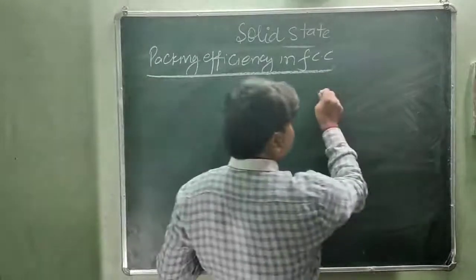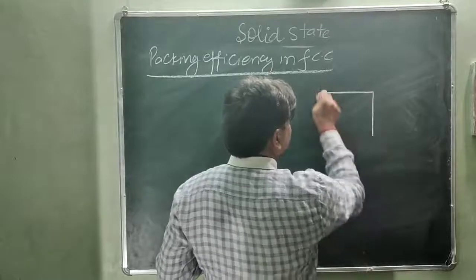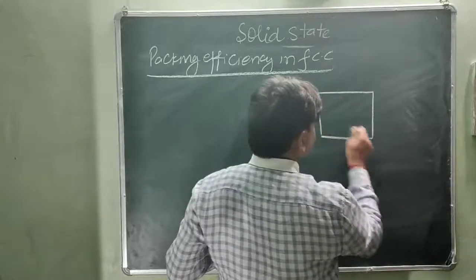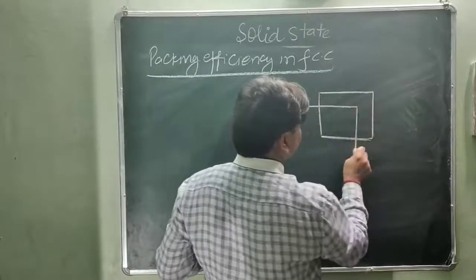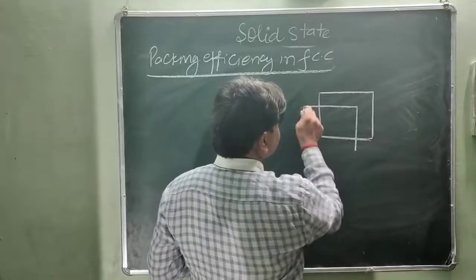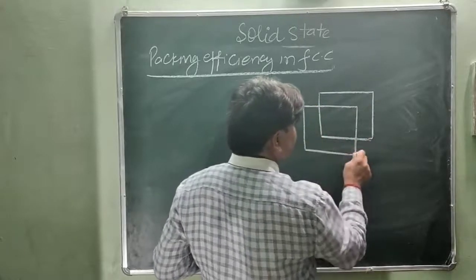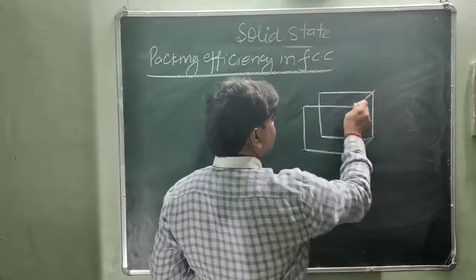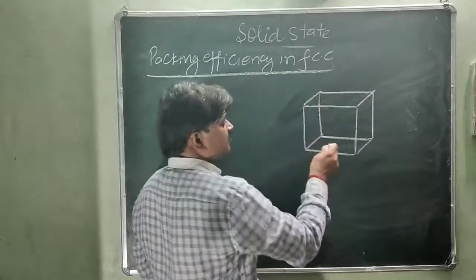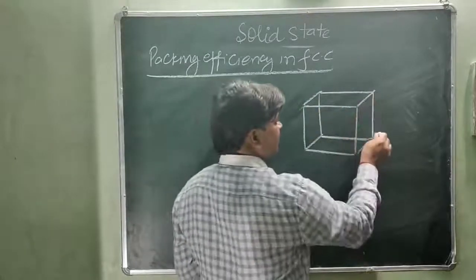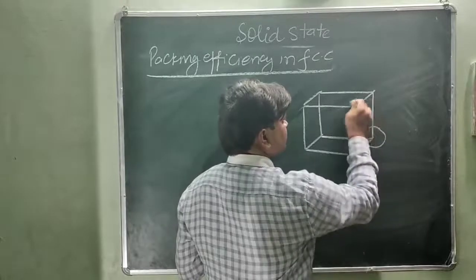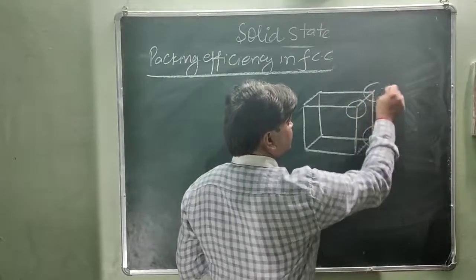From the cubic structure, we can show the efficiency in case of the face point. In case of FCC, atoms are not only present at the corner, atoms are also present at the face of the cube. Just like the faces we are taking here.